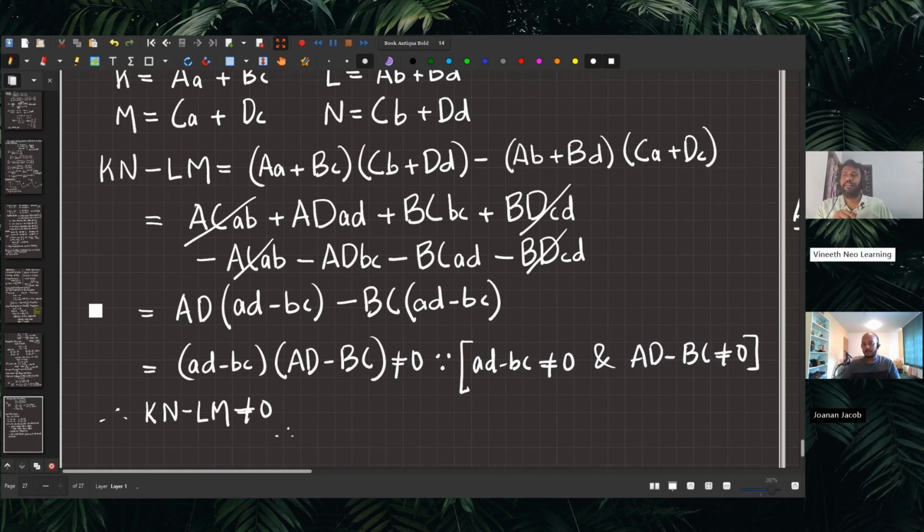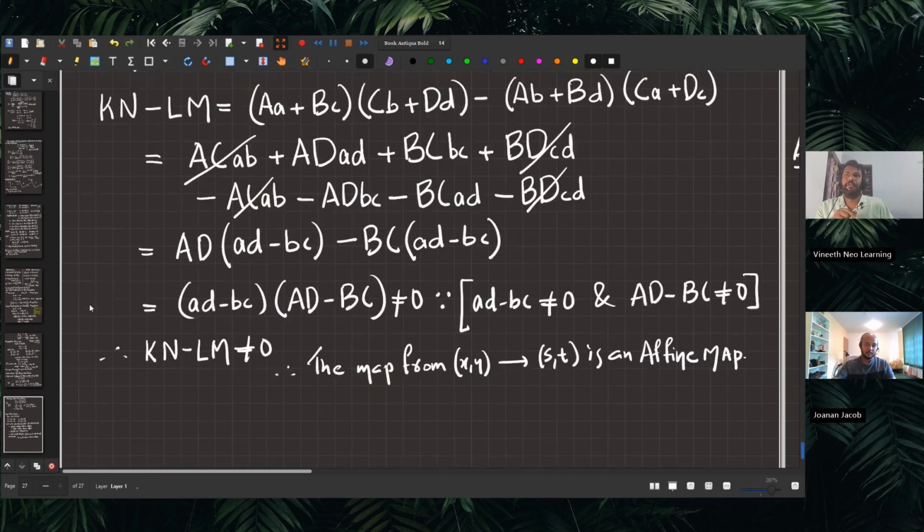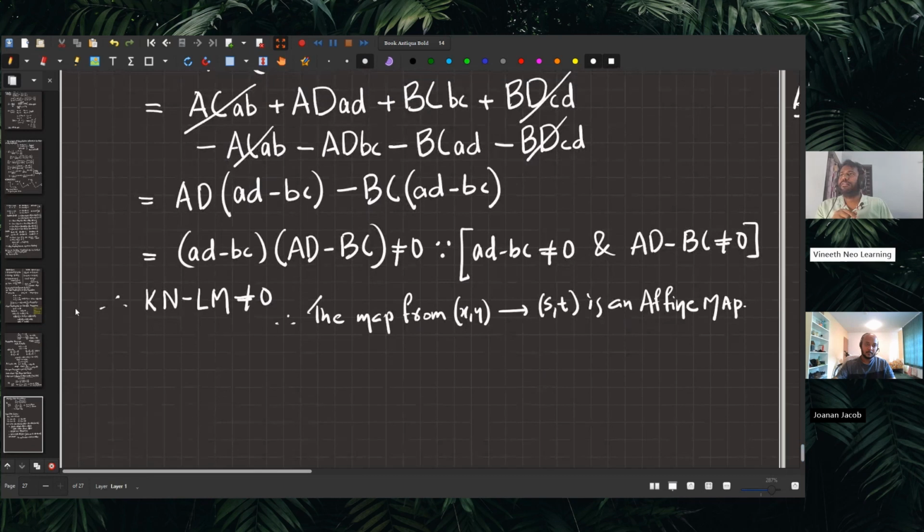Therefore, the map from x comma y to s comma t is an affine map. This is a really easy calculation, right? We should have done it in that previous class instead of being lazy.